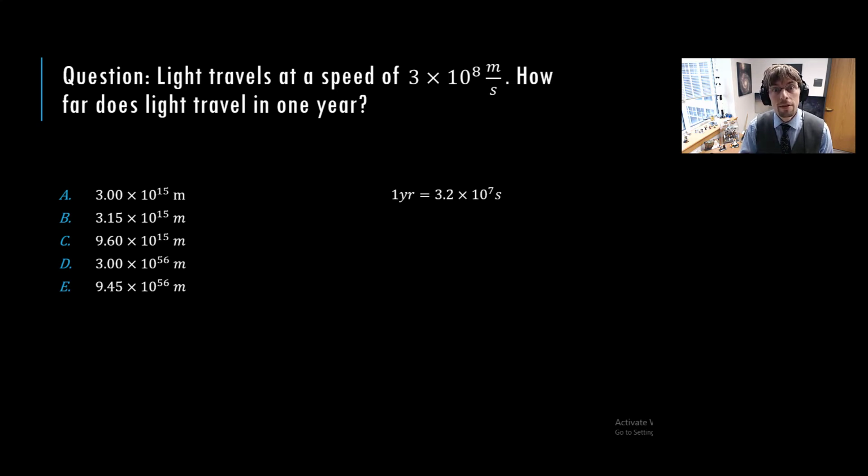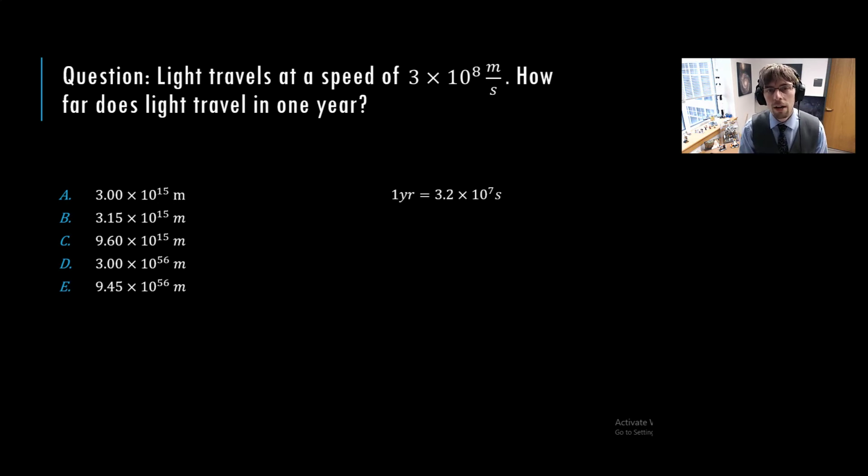This is what we call the universal speed limit. It does not matter how hard you try. From what we understand, our current basis of physics and of the universe tells us that nothing can travel faster than this 3 times 10 to the 8th meters per second. It is known as the speed of light.